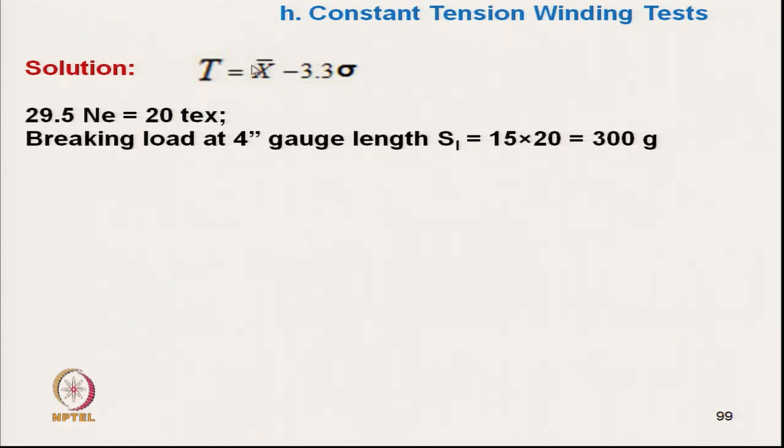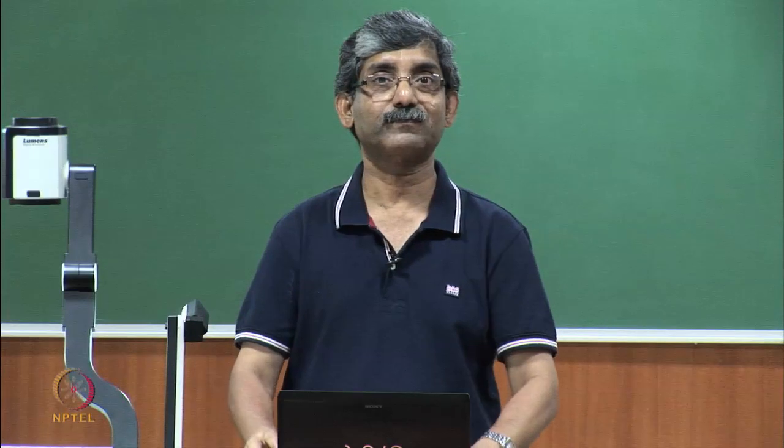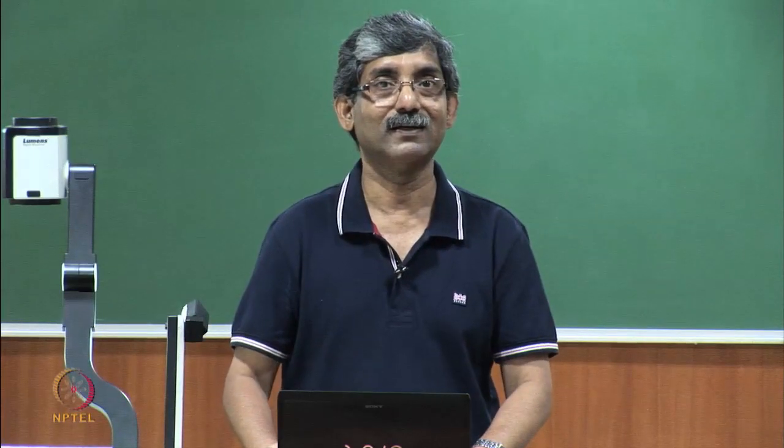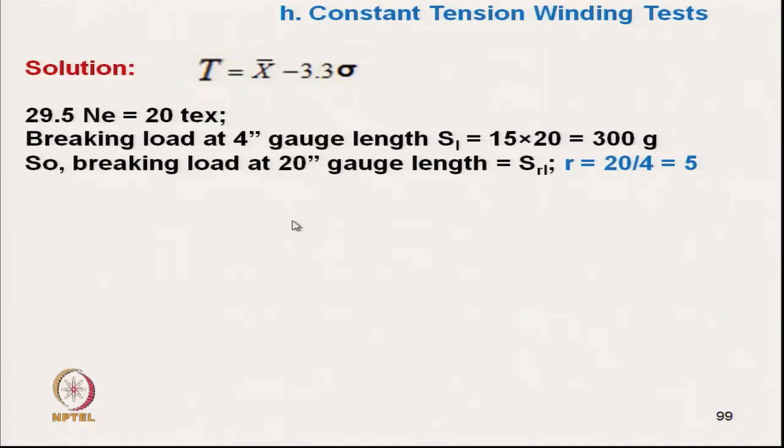Is it x bar? It is not x bar till now, because here the gauge length is 4 inch. We have to convert this gauge length to 20 inch, then only whatever breaking load we get will be the x bar. Now, breaking load at 20-inch gauge length.